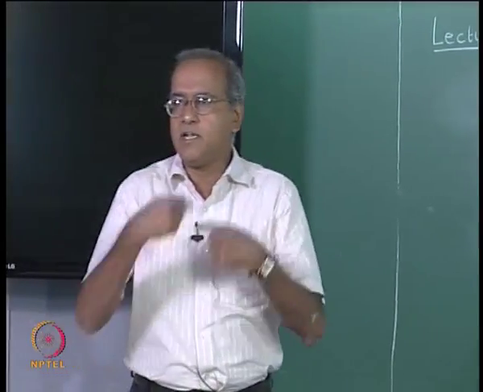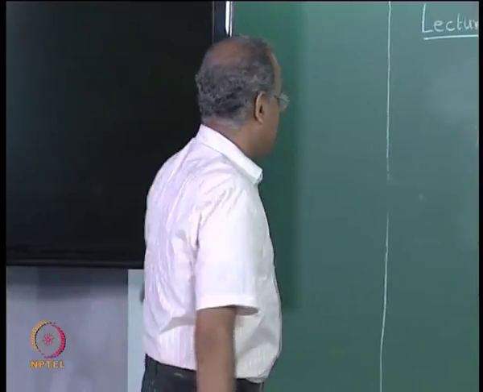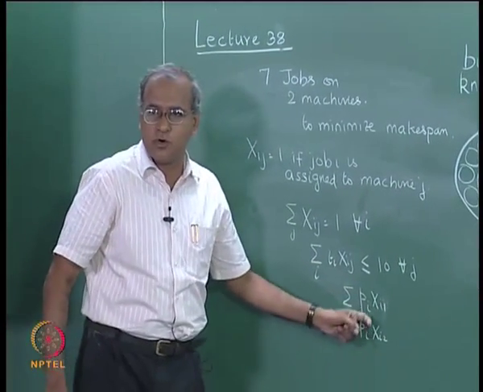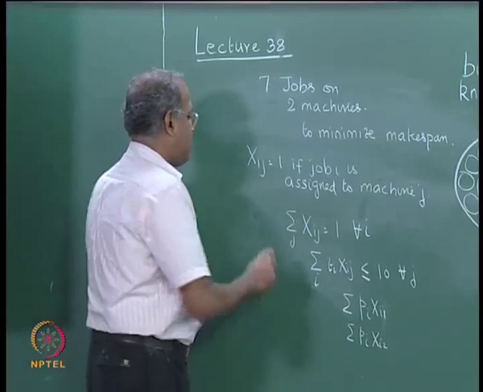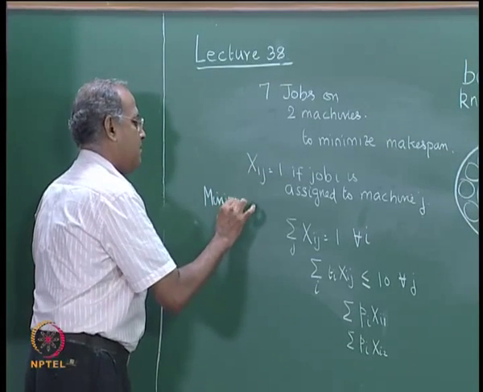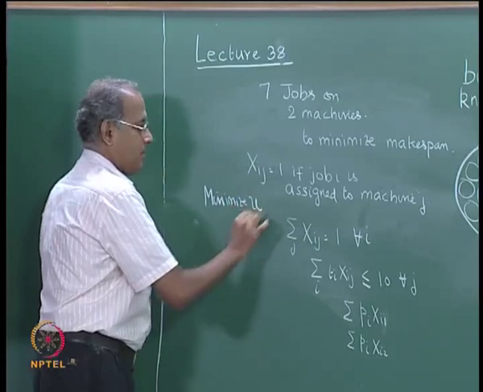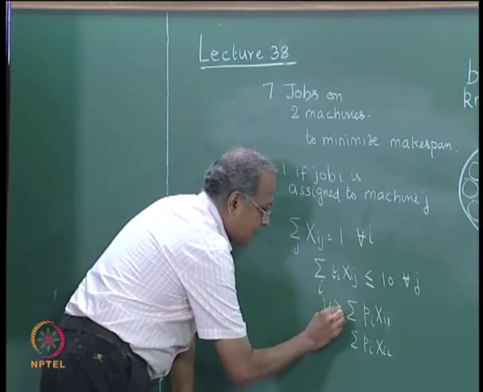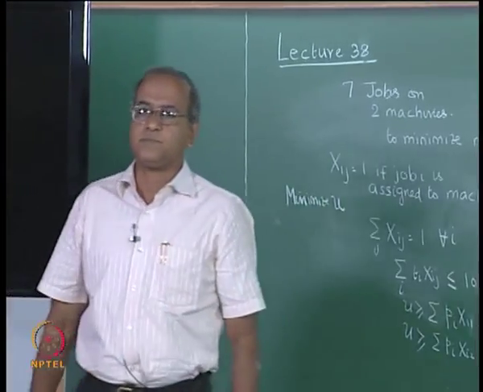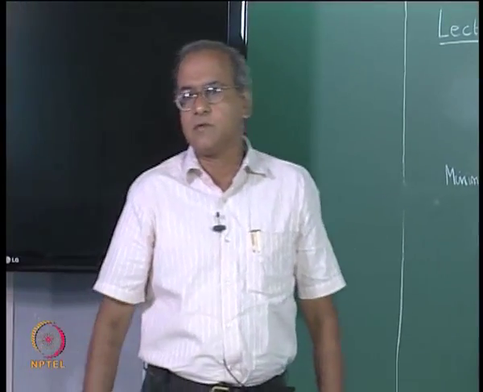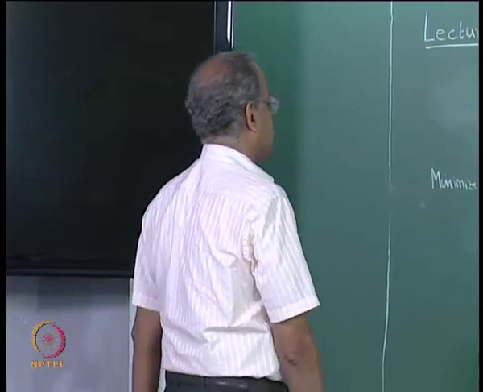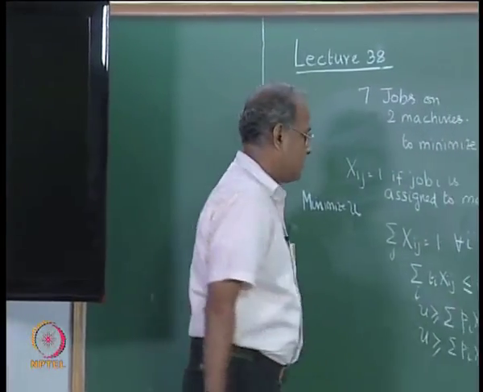Now we want to balance the load, so we want to minimize the maximum of these two loads. So we will minimize U such that U is greater than or equal to this, and U is greater than or equal to this. We want to minimize the maximum of these, so U is greater than or equal to all of these.